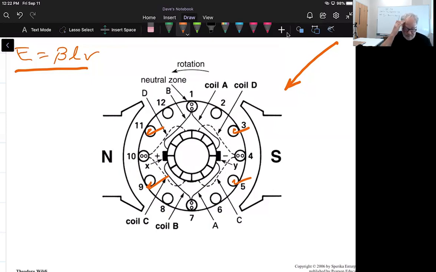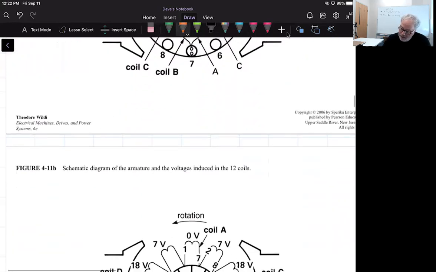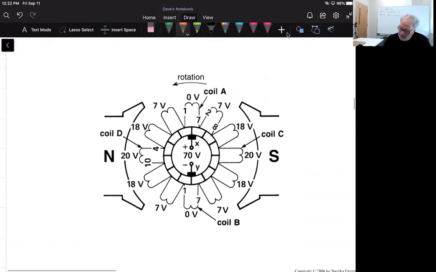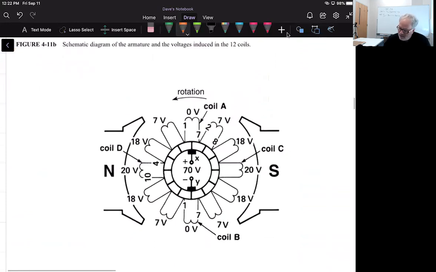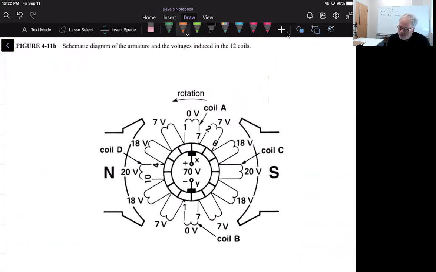Then in figure 411b, which is the schematic here, we show the instantaneous voltages in each of the coils. This is just a given; we don't know exactly how these numbers came about, but let's say they were measured. In each of the 12 coils we can see the instantaneous voltage at that particular period of time.